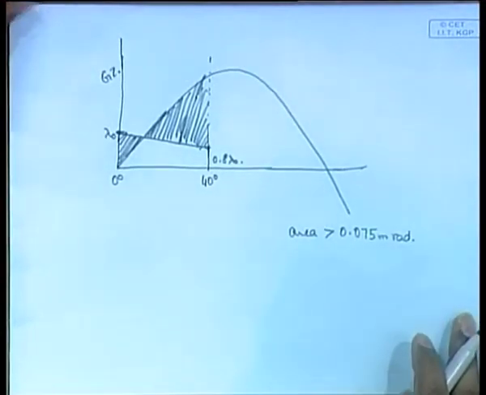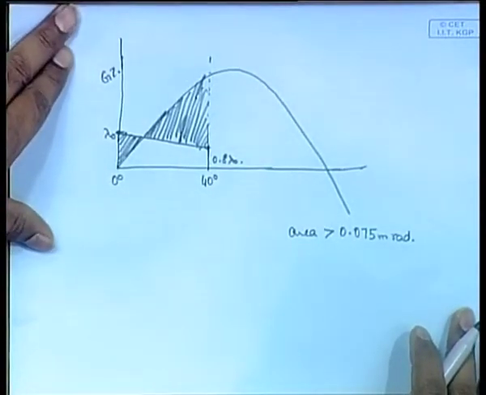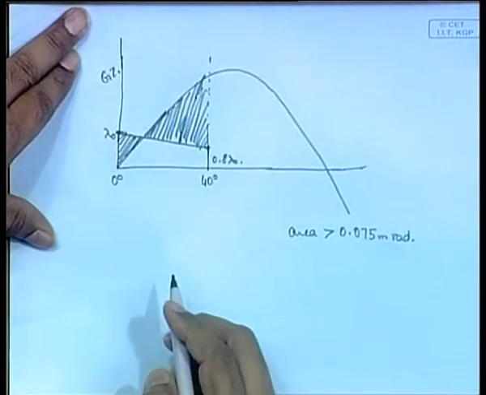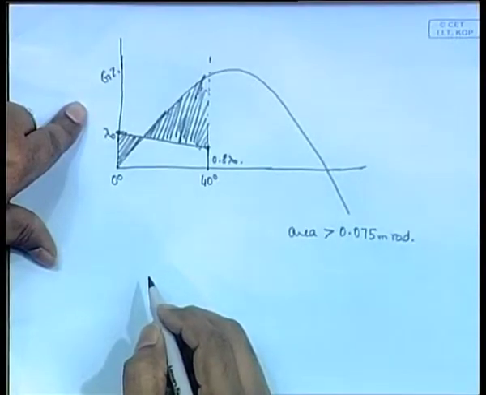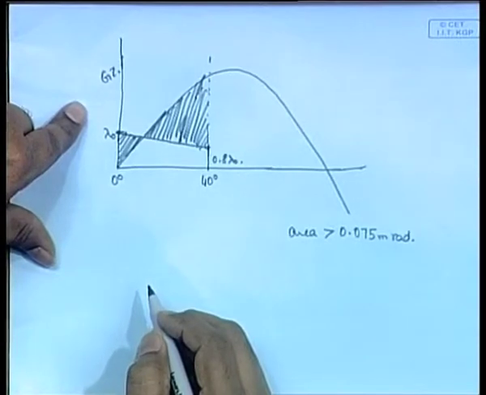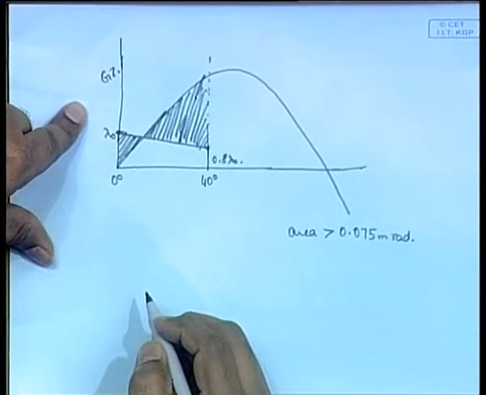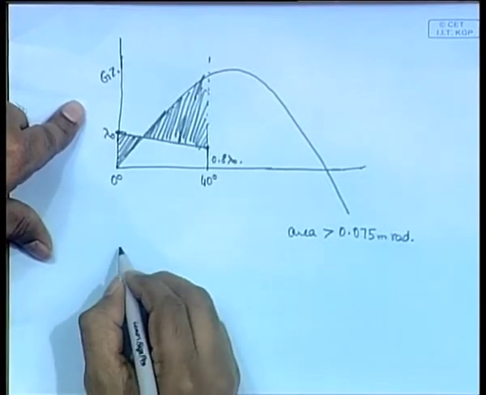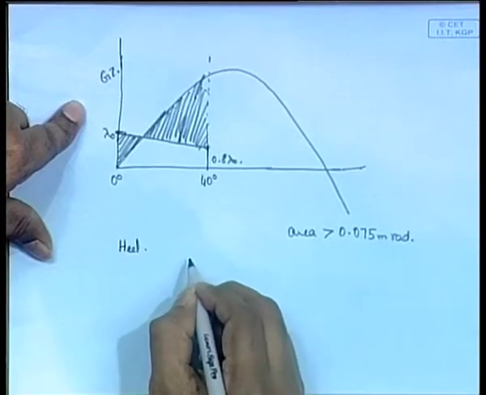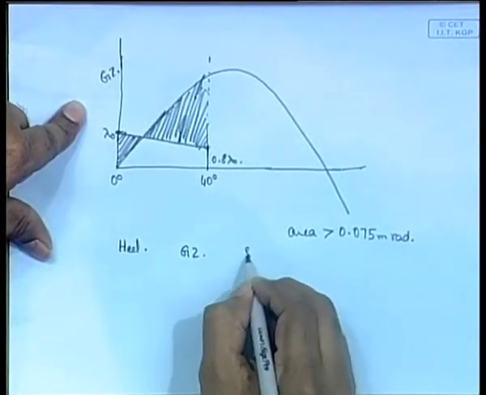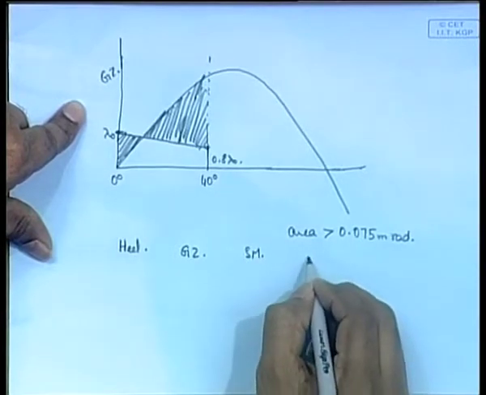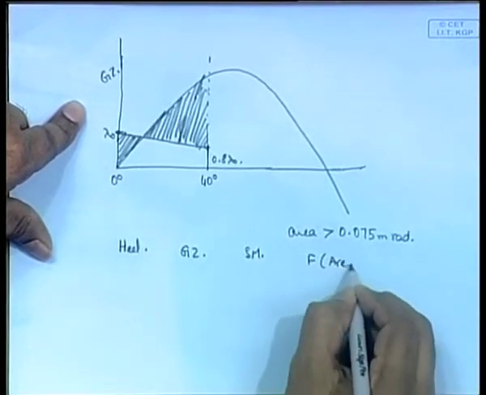So, in this problem, how do you find the area under the GZ? This is how you find the area under the curve. You have the heel angle, then you have your GZ, then your Simpson's multiplier, then the function of area.